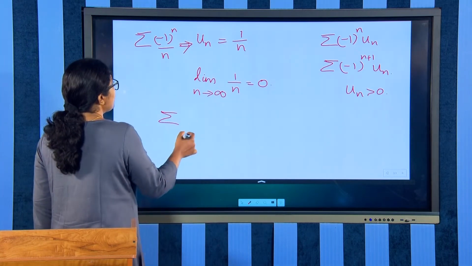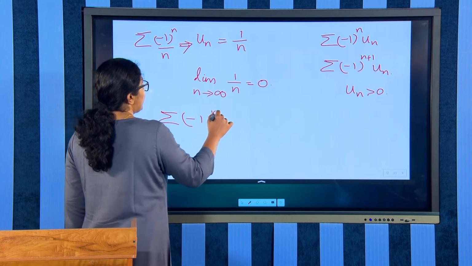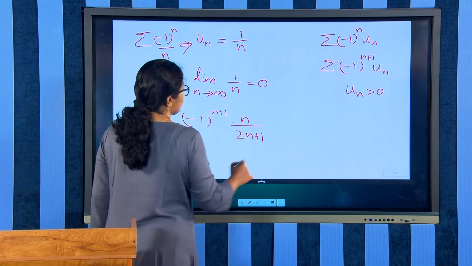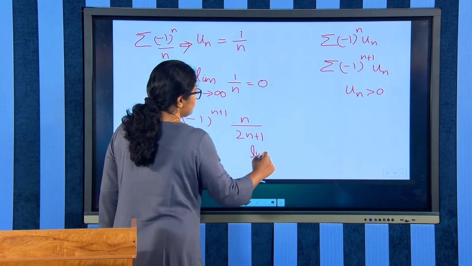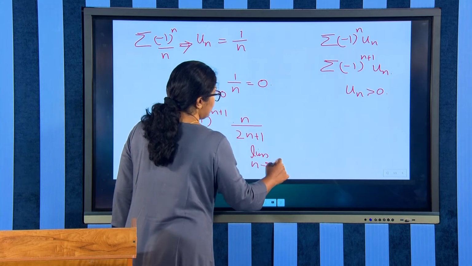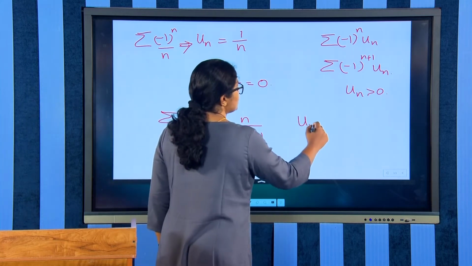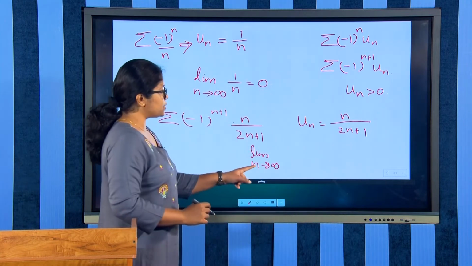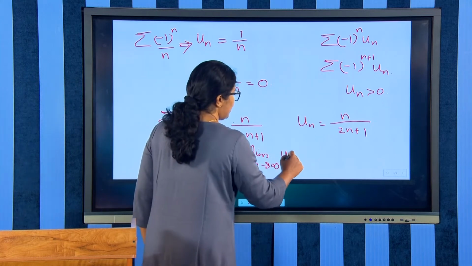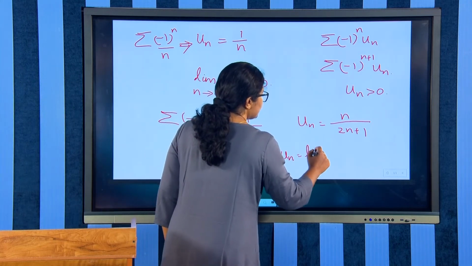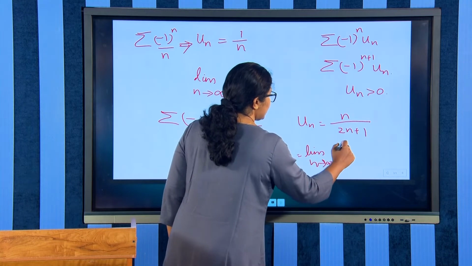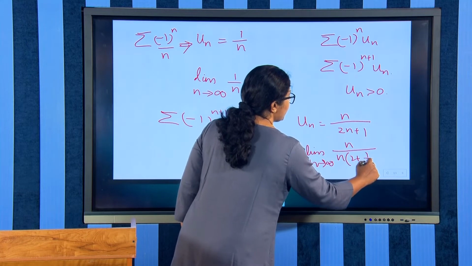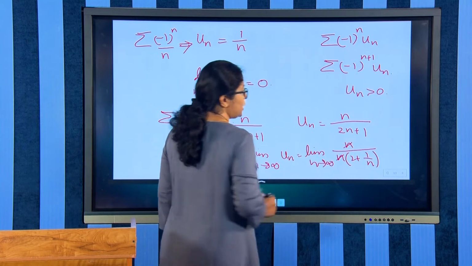And for the series summation negative 1 power n plus 1 n upon 2 n plus 1, the nth term un in this case is n upon 2 n plus 1. So, limit n tends to infinity un is equal to limit n approaching infinity n by n into 2 plus 1 upon n. So, n and n will get cancelled.